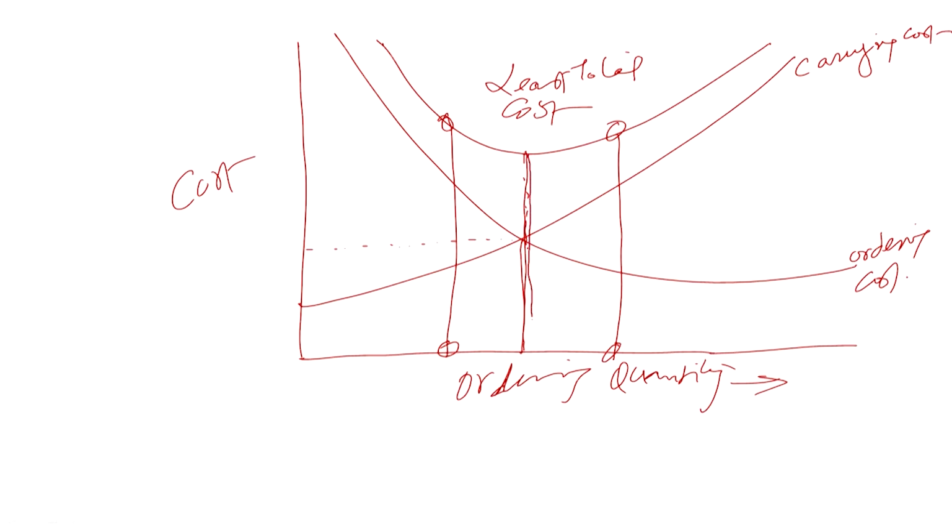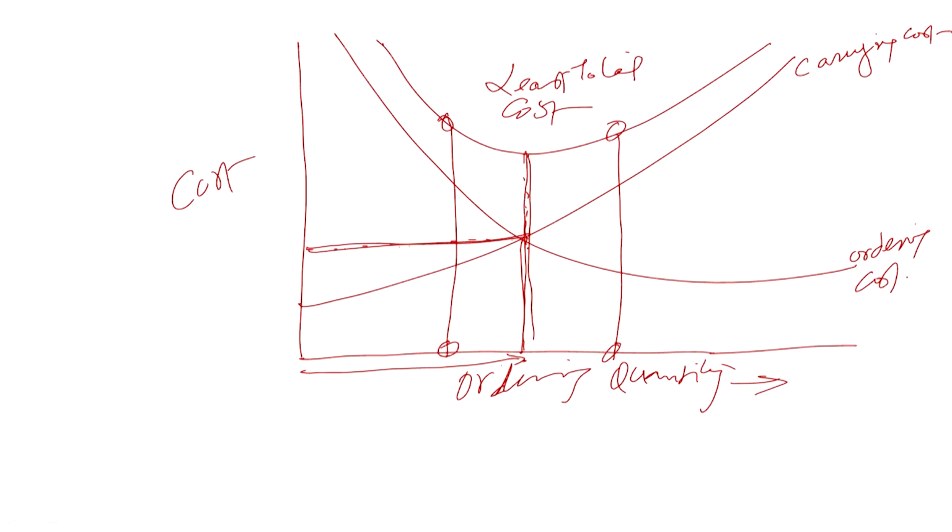So, this will be called the economic order quantity, where your total cost is the lowest and both the costs are equal: carrying cost is equal to the ordering cost and vice versa. This quantity of raw material which we are going to purchase is called the economic order quantity.